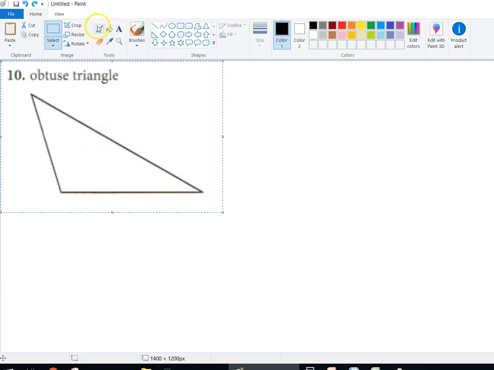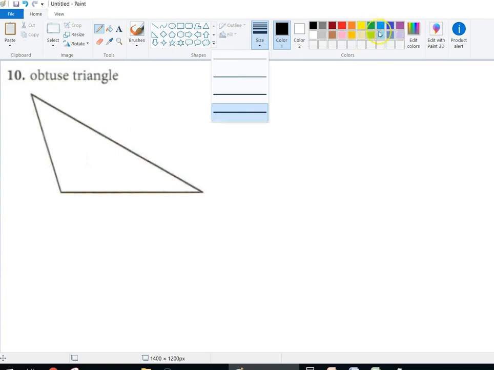So what we'll be doing in this one, we will find the midpoints of each side. You measure with your protractor or your ruler to find out where the midpoints of the sides are. And then you are going to draw perpendicular bisectors.